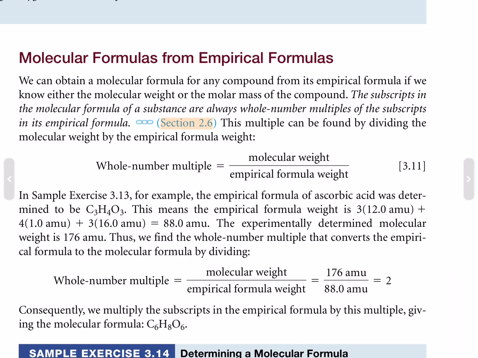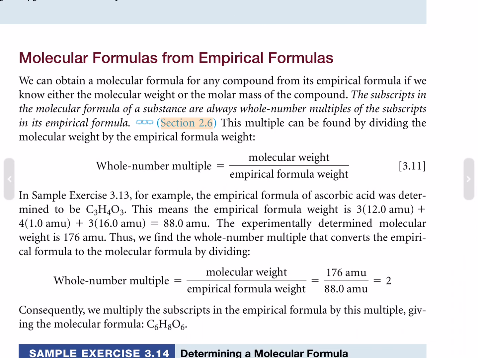In Sample Exercise 3.13, for example, the empirical formula of ascorbic acid was determined to be C3H4O3. This means the empirical formula weight is 3 times 12 plus 4 times 1 plus 3 times 16, equals 88 amu. The experimentally determined molecular weight is 176 amu.